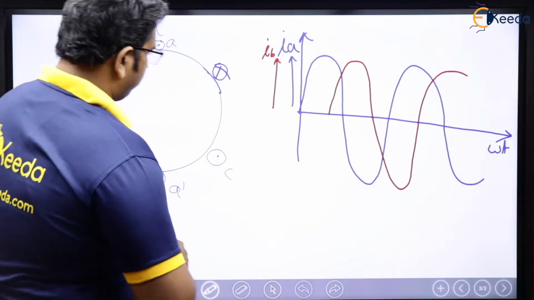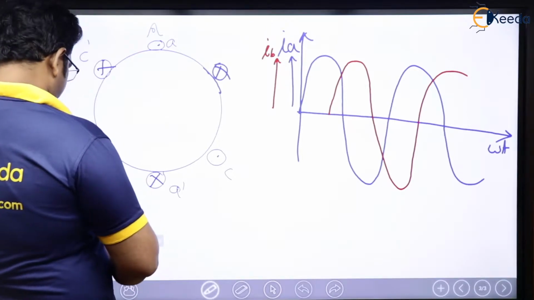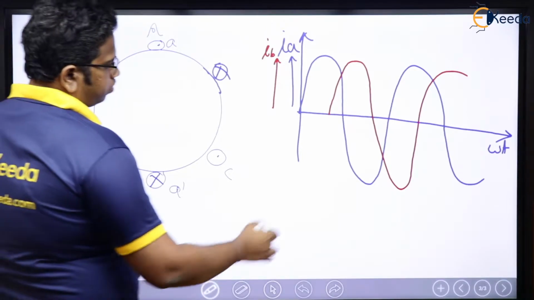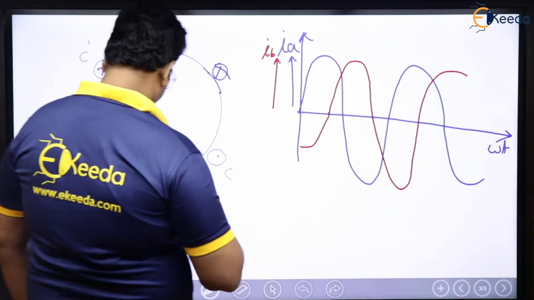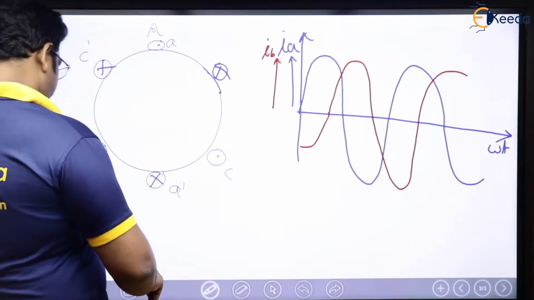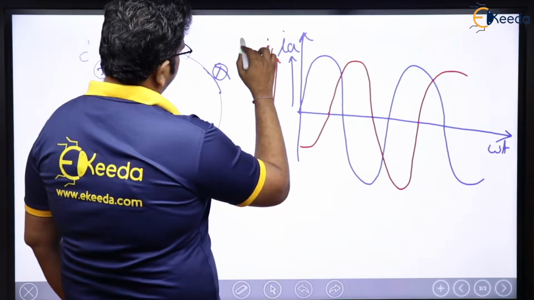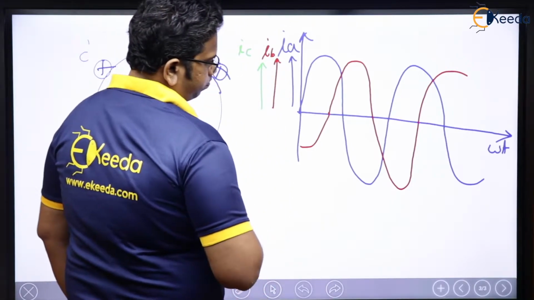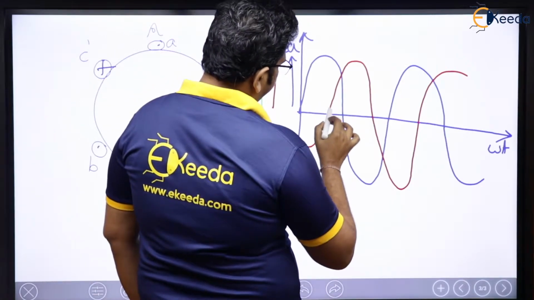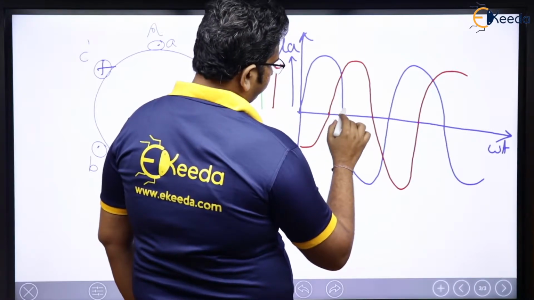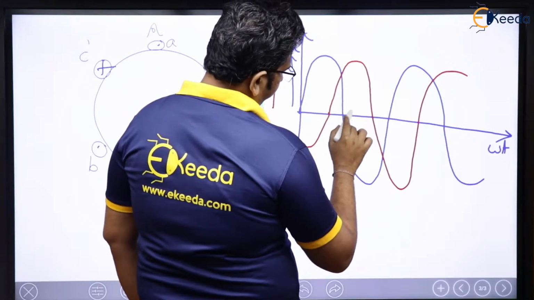Right? Now, let me complete this. Let me have IC. IC is going to be, see here, 0, 180, 240.